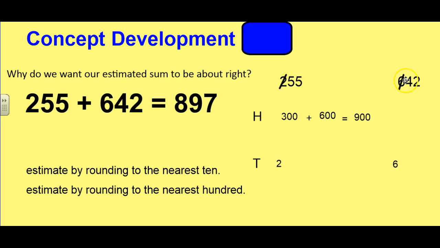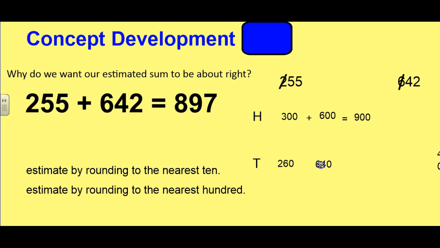So go ahead and round these two numbers to the nearest 10, and push play once you have those solved. Okay, so 55 rounded to 60, so 255 rounded to the nearest 10 would be 260. 642 would round to 640 because 42 rounds to 40.